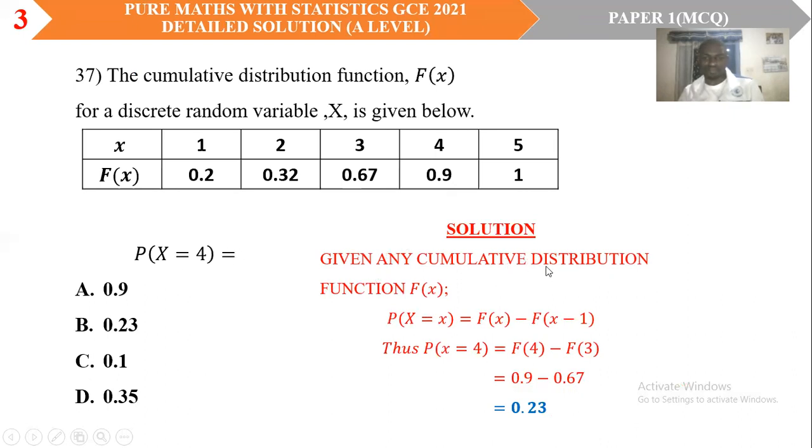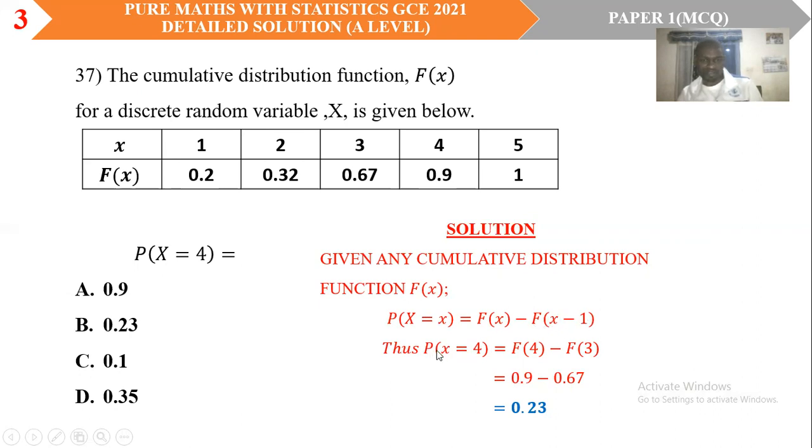Given any cumulative distribution function F of x, we know that to find the probability of x equal to a particular value, we should always take the cumulative function of that x minus the cumulative function of the integer just less than that x by 1, so the previous integer less than x.